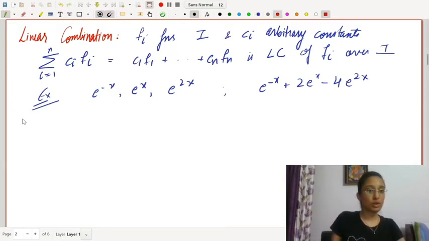Now, what do you mean by linearly dependent over an interval and linearly independent?